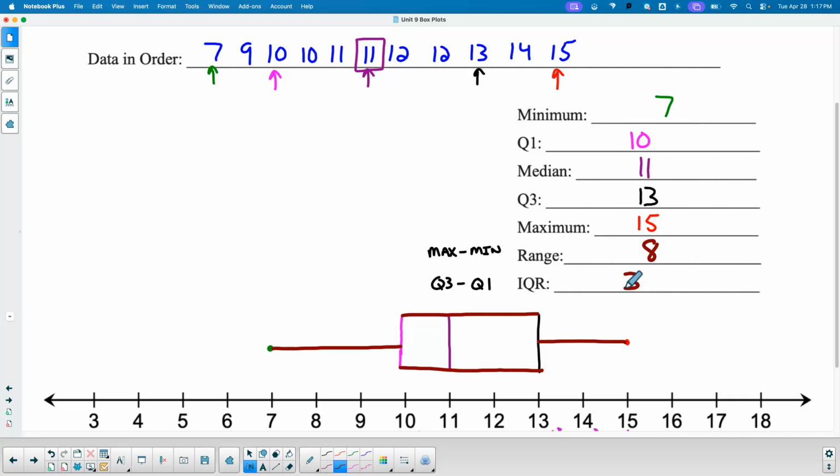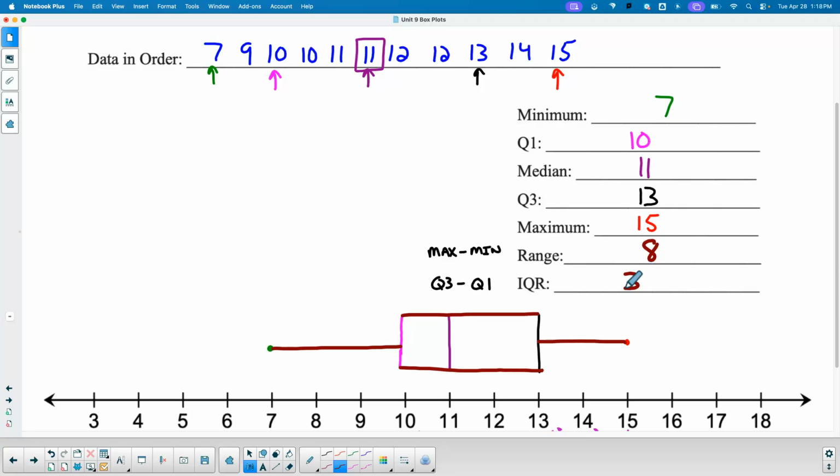Now, depending upon how your box and whisker plot looks, that's going to depend upon how skewed your data is. Okay? What we're looking at in terms of the skew is the length of these whiskers on the outside, and where that median falls inside your box.